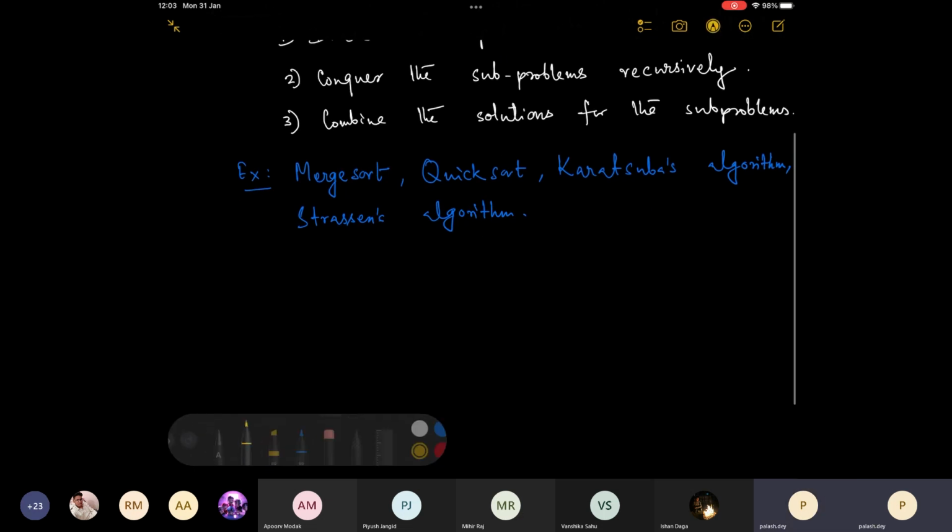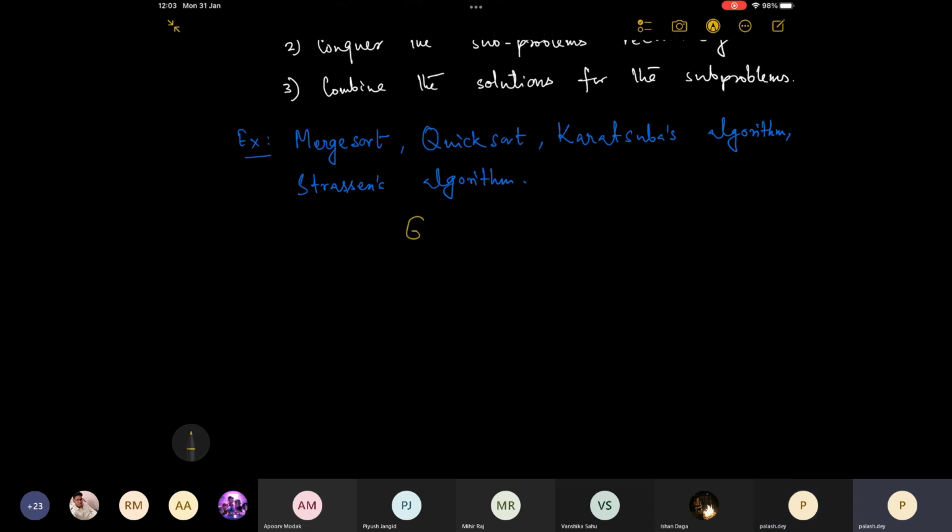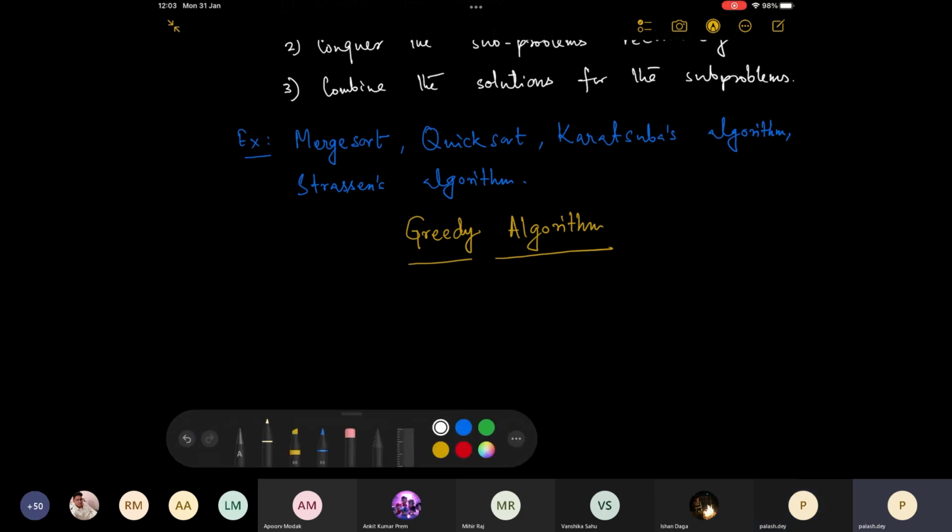So write this way: greedy algorithm. So what is greedy algorithm? What is the framework?